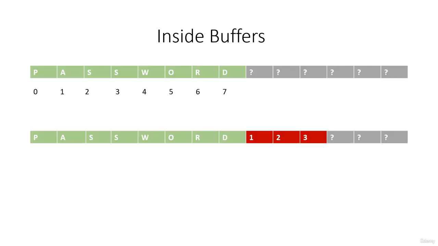Let's take a look at what a buffer overflow looks like from the buffer's perspective. Here we can see a buffer allocated with 8 memory elements for storing 8 bytes of data. The elements are numbered 0 through 7, because while a computer starts counting at 0, so do most programming languages.